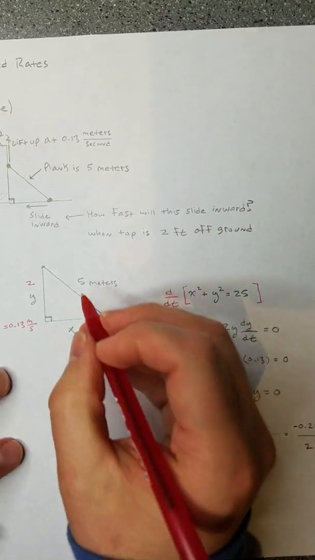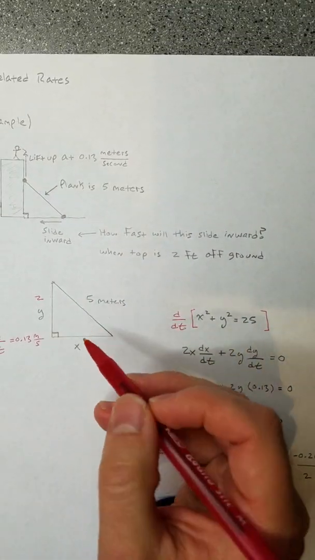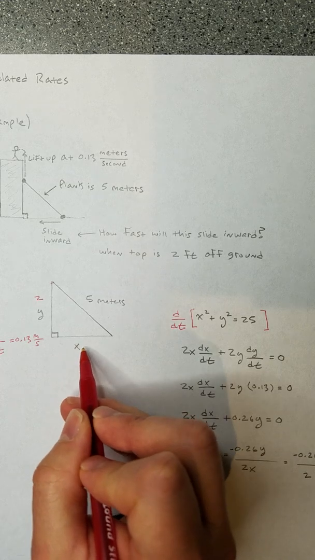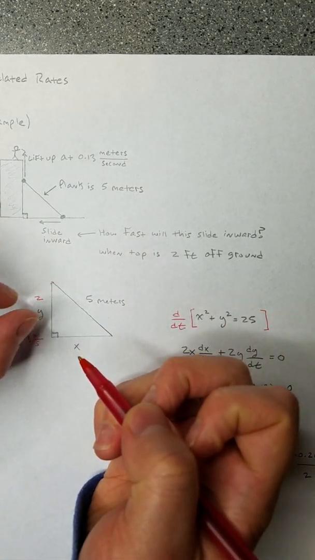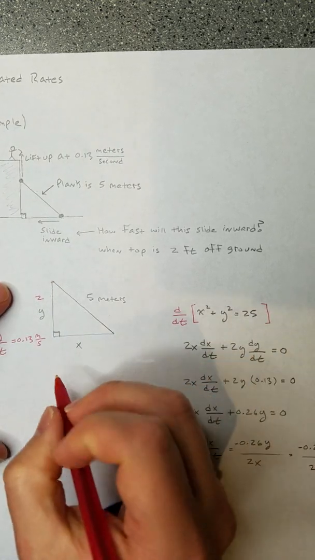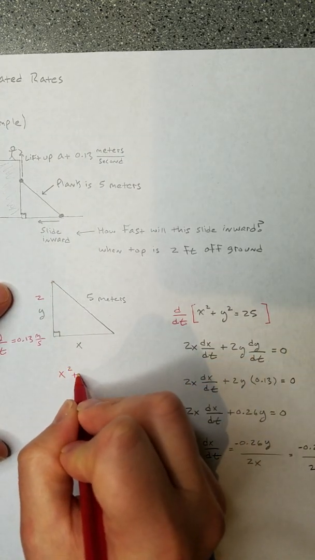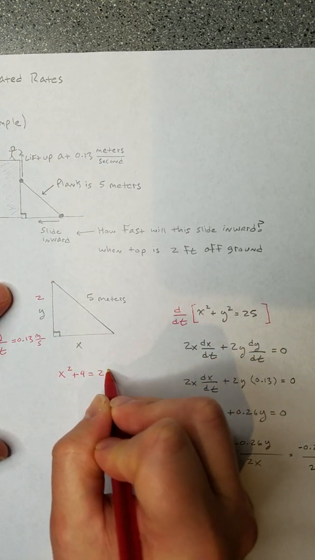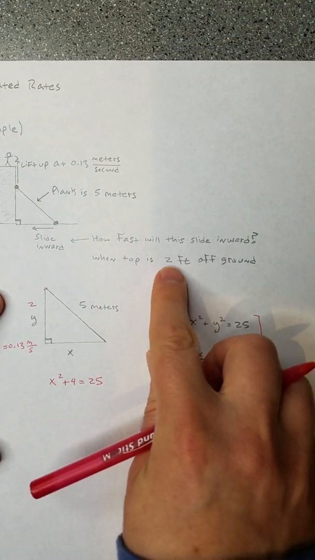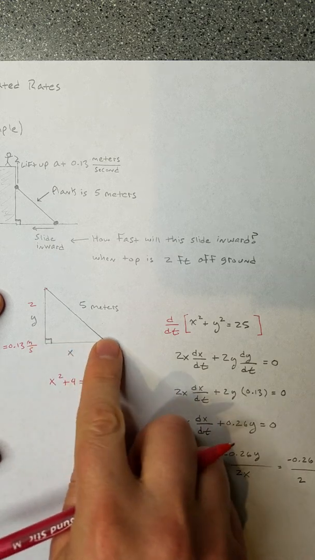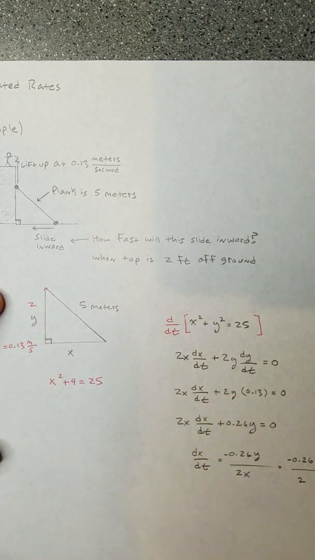Okay? So, well, I could use the Pythagorean theorem to figure that out. I know that the vertical part of the triangle is 2, and the hypotenuse is 5. So I could say x squared plus 4 equals 25. All right, that will tell me how to figure out that base part if the top part is 2.